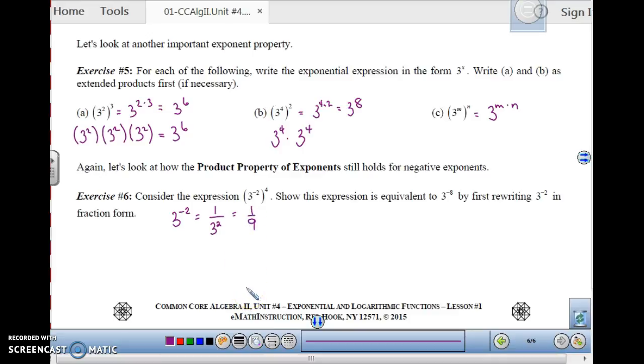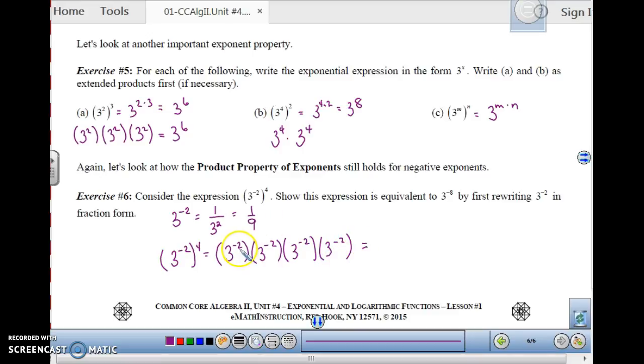So if we have 3 to the negative 2 to the 4th, that actually means take 3 to the negative 2 and multiply it 4 times.